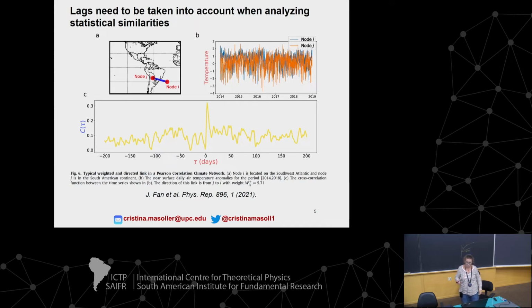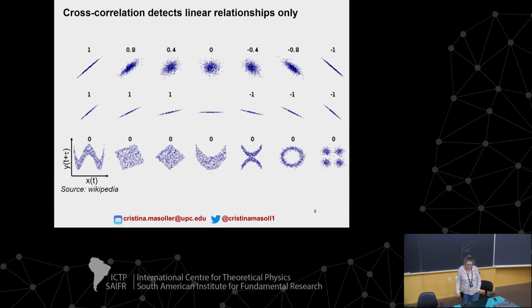So it's important to know about your system when you choose the interval of tau values. Okay, so again, as it happens with the autocorrelation, you need to remember that this gives you only linear relationships. And there might be nonlinear relationships which you're not seeing. So cross-correlation equal to 0 doesn't mean a lot. You always need to go and look at the data and plot one point versus another point.